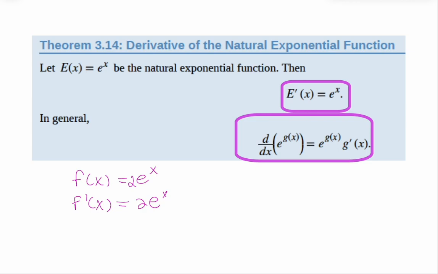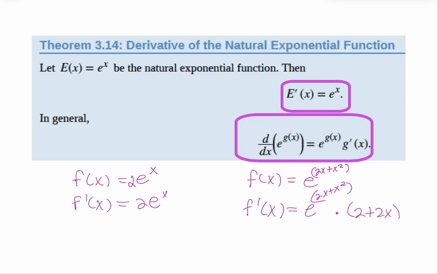If we have a function in its exponent, so the exponent is a function of x, like g of x, the derivative of that uses a chain rule. Now, how does a chain rule work? Well, we know that it is just that function's original rule with the stuff staying there. So the stuff is going to stay there, but then we have to multiply by the derivative of the stuff. So it would be 2 plus 2x.